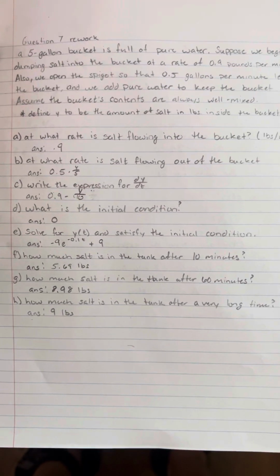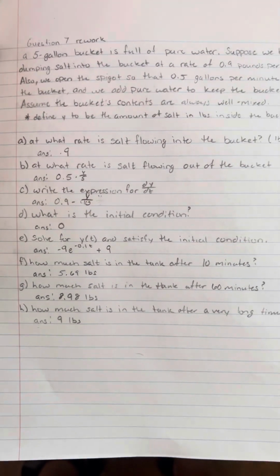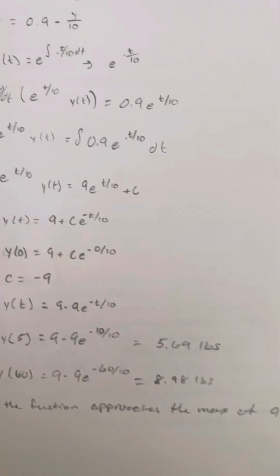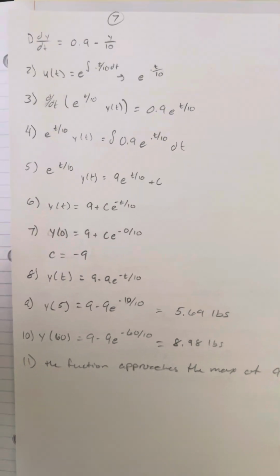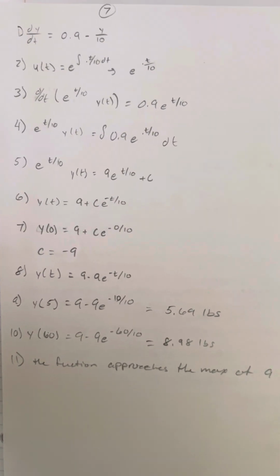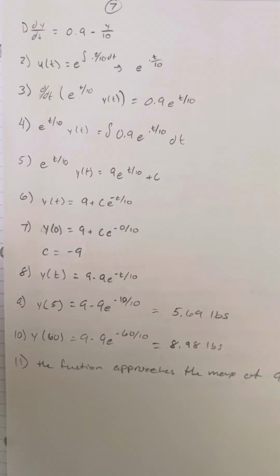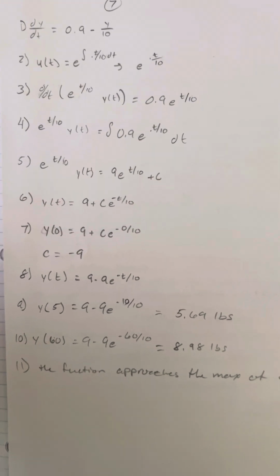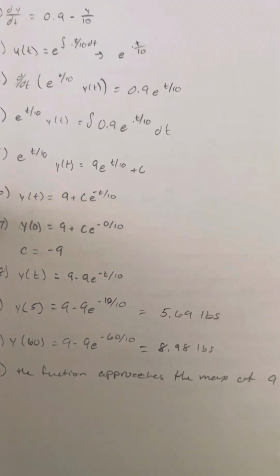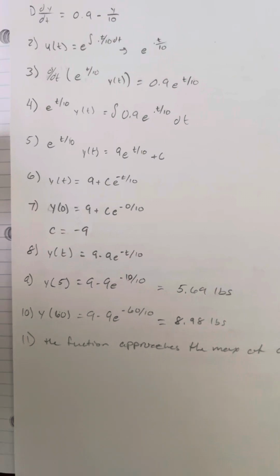To solve for y of t and satisfy the initial condition, our workup is, we have dy/dt, we find the integrating factor, and we proceed to solve for y of t, which we end up getting here at 6.